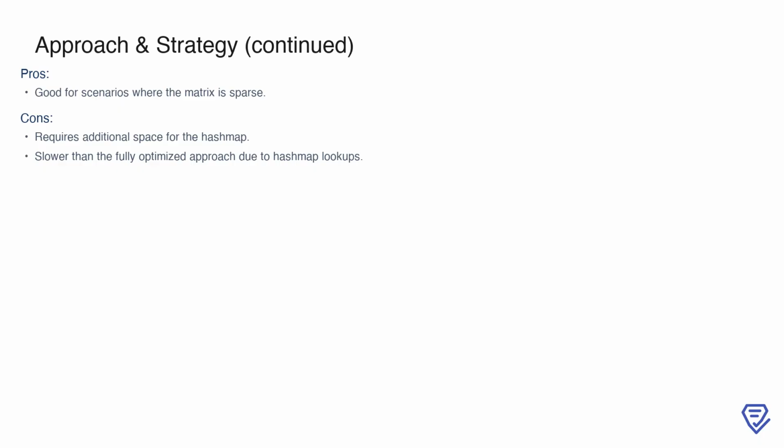First, it requires additional space to store the hash map, which can become impractical for dense matrices or very large matrices with many diagonals. Additionally, the use of hash map lookups introduces a slight overhead compared to the optimized approach, which does not require any extra data structures. Overall, while this method is a creative alternative, it is generally less efficient than the fully optimized approach for dense matrices.